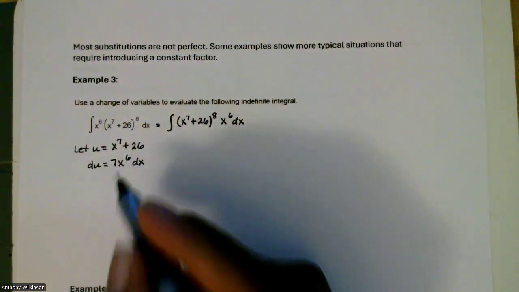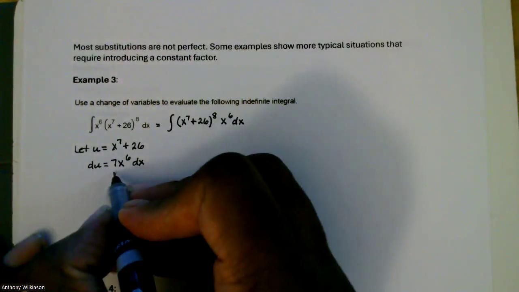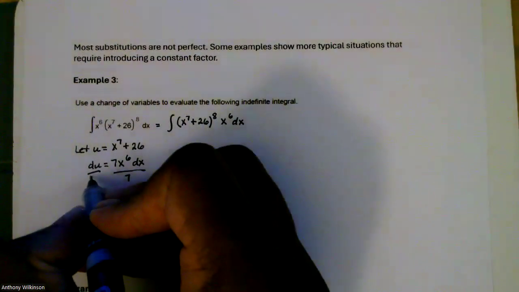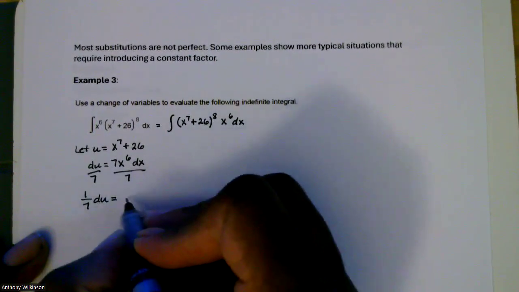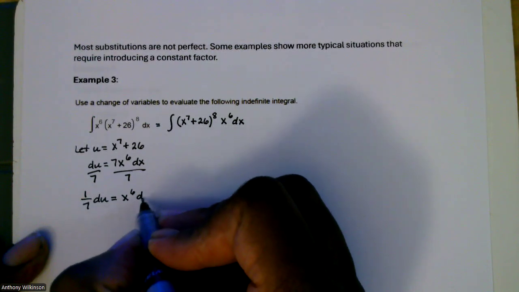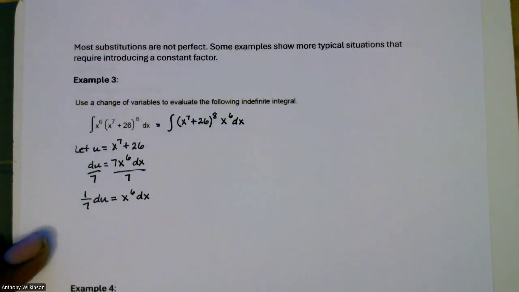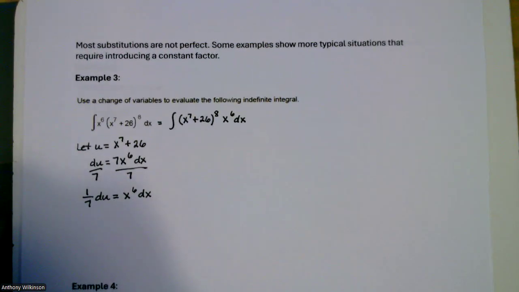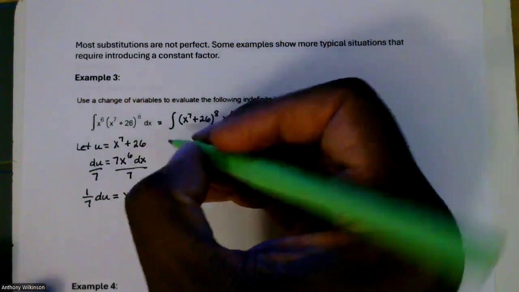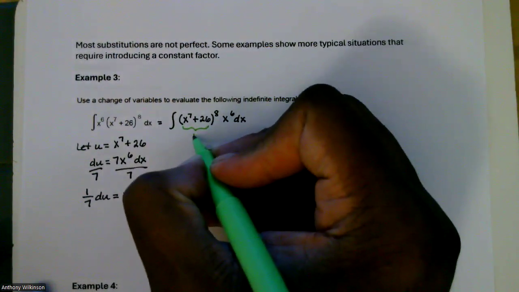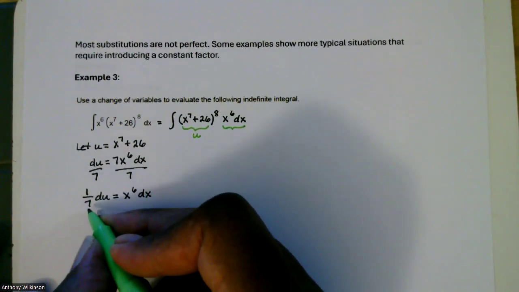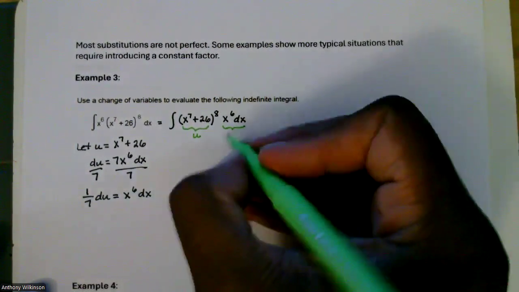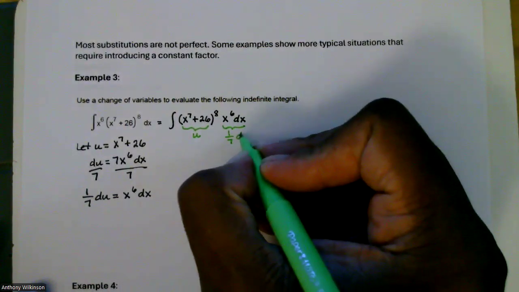It's being multiplied by 7. So the opposite of that would be to divide both sides by 7. So that means I have 1/7 du is equal to x to the 6th dx. Okay. Now I can do my substitution here. That x to the 7th plus 26, that's going to be the u. This x to the 6th dx, that's going to be, in this case, 1/7 times du. So it'd be 1/7 du.